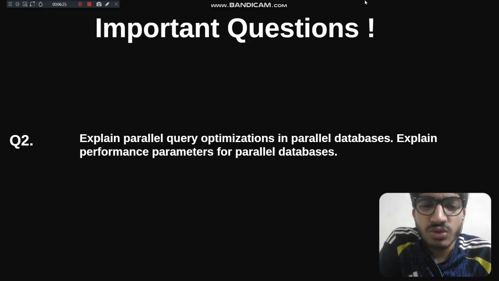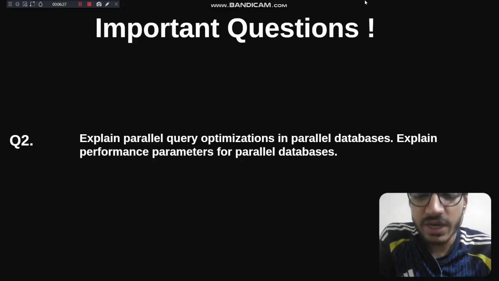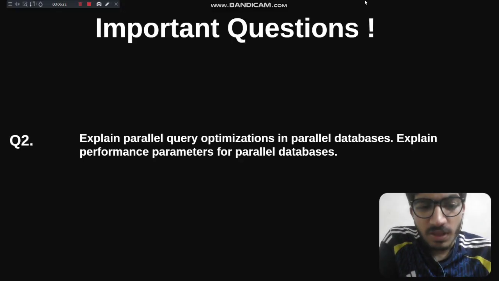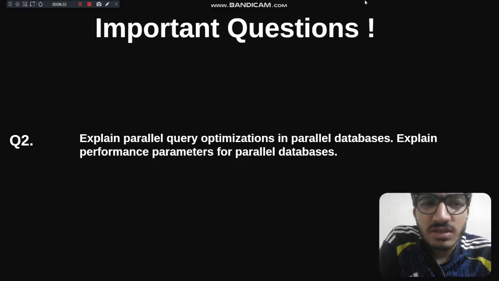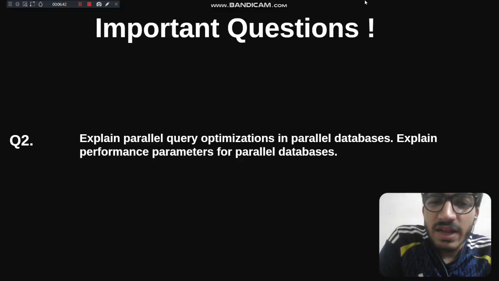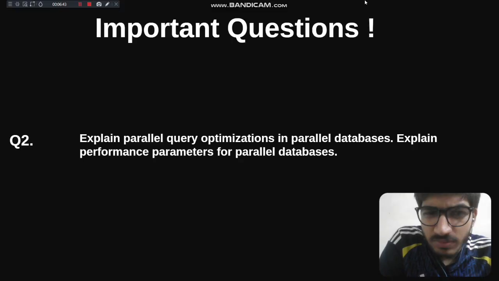It shows how the system scales with data growth. Third is size up. Size up measures how performance changes when only data size increases. For example, if doubling the data takes slightly more than double the time, then it is a good size up.